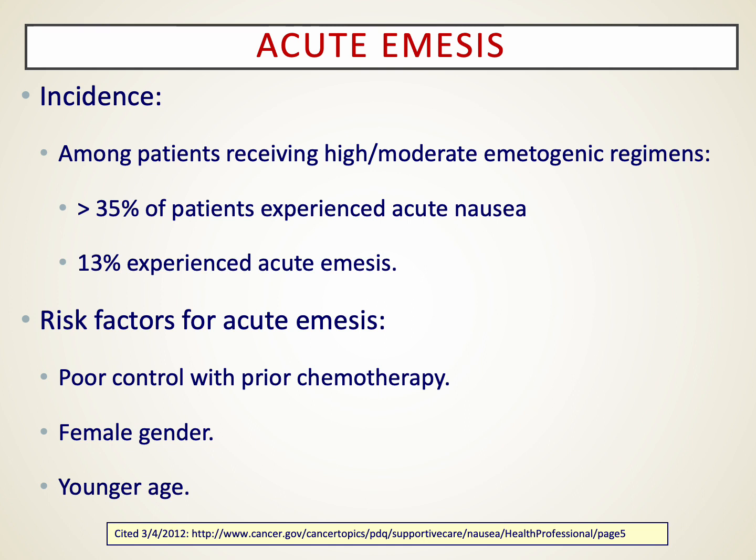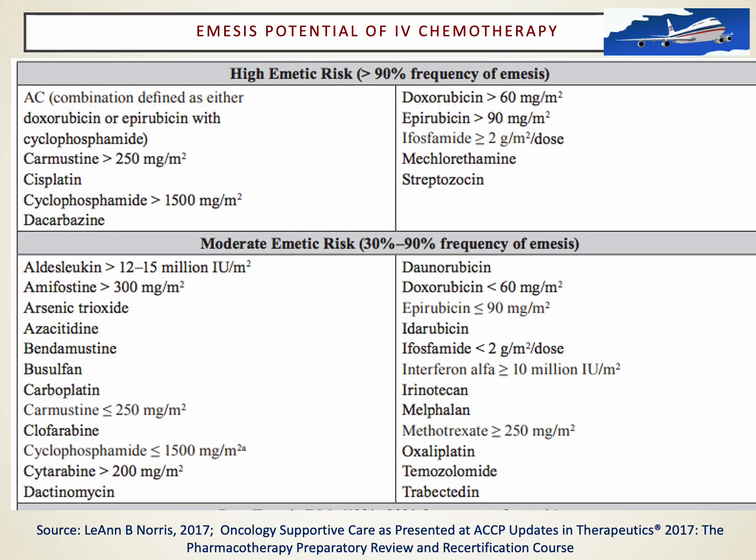For acute emesis, which can happen quite commonly, it depends on the nature of the agent. Some agents are considered highly emetogenic, others are not. And so it's important to do that. For this next bunch of slides, it is not our expectation that you know which agents cause it, but just be aware that some of them are more emetogenic, cause more emesis than others. So the most highly emetogenic regimens are those that include doxorubicin or any of the combinations of anthracyclines.